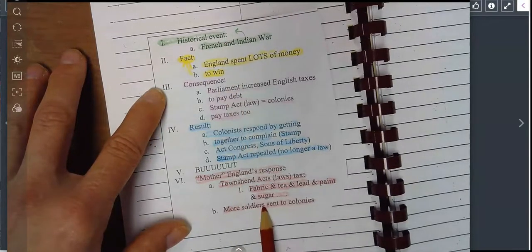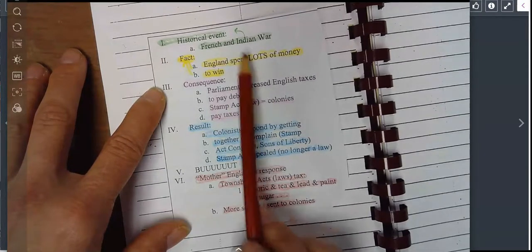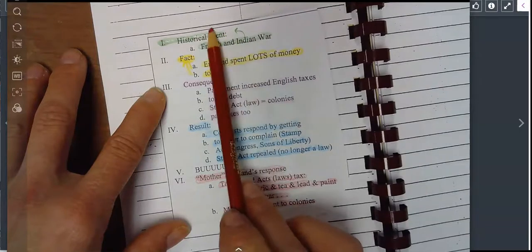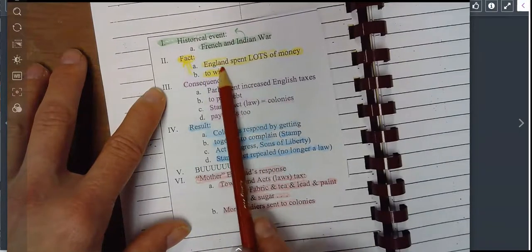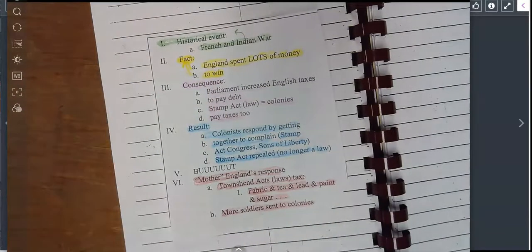So make sure that this is color-coded so that you can see the main idea and the detail is indented underneath it. Here's a main idea, 2 details indented underneath it. It is important to be able to understand the way outlines are set up, and that's one sort of side skill that you get while we talk about the Revolutionary War.